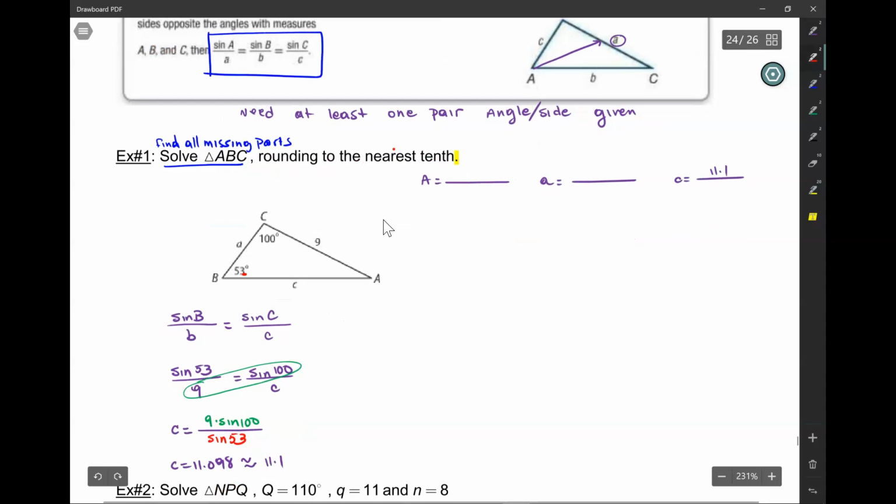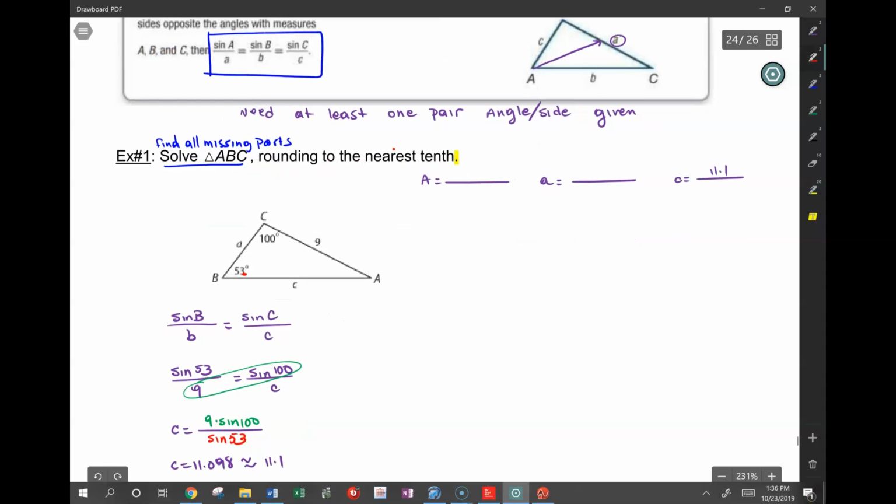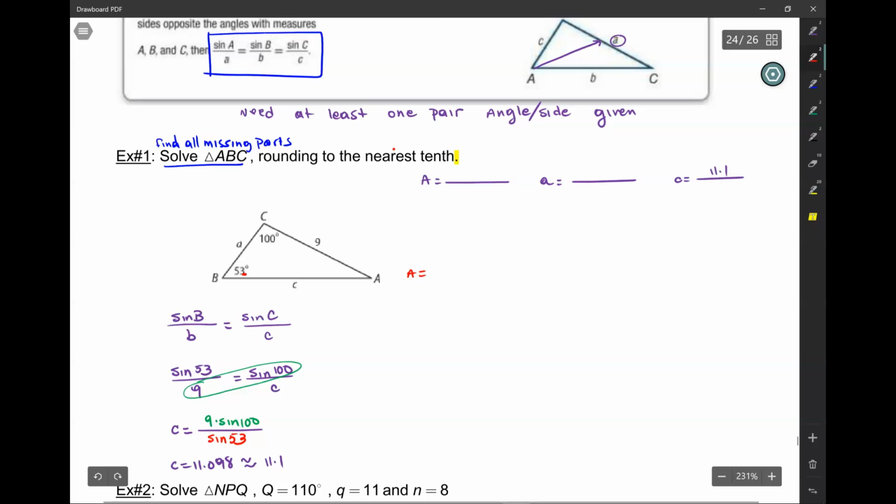Now, how can I find capital A, angle A? Is there an easier way? You are overthinking this.